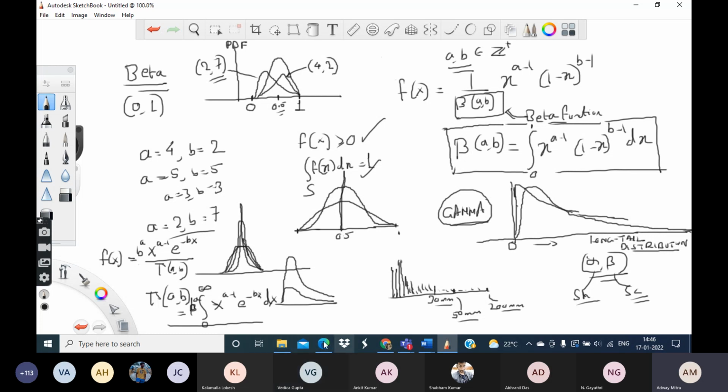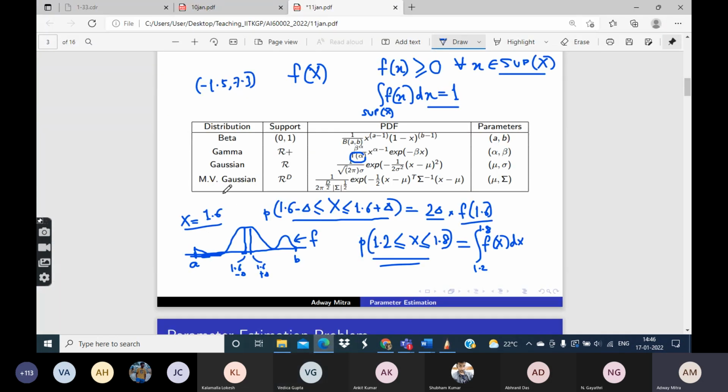And then finally, of course, we have the most famous continuous distribution, which is the Gaussian or the normal distribution. Its actual scientific name is the Gaussian distribution, after the scientist Gauss who formulated it. But this is also called the normal distribution.